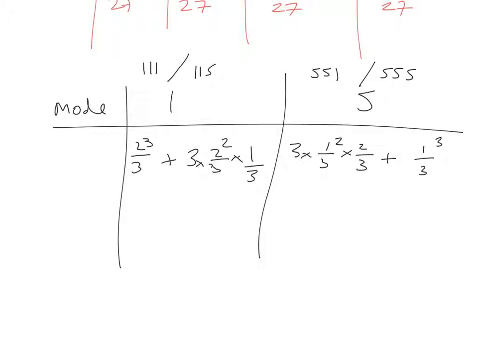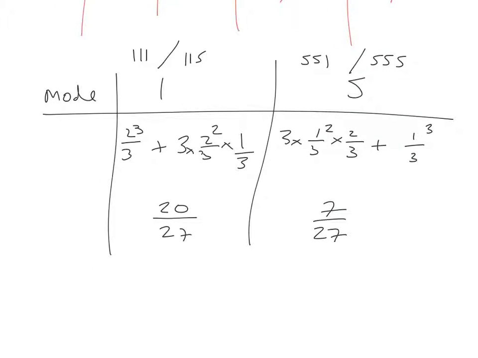Now if we work this one out, put that in our calculator, this one is 20 over 27, and this one is 7 over 27. So again, we're more likely to get a mode of 1 than 5, but they're both possible modes from this sample, and these are the probabilities of this happening.